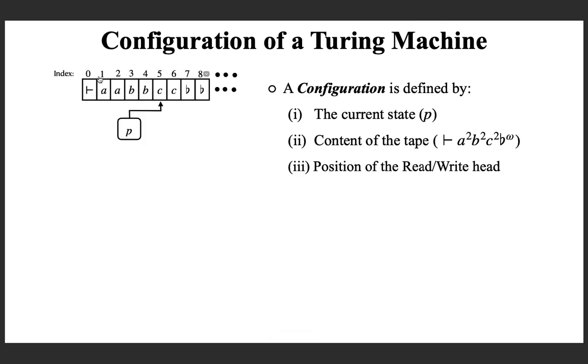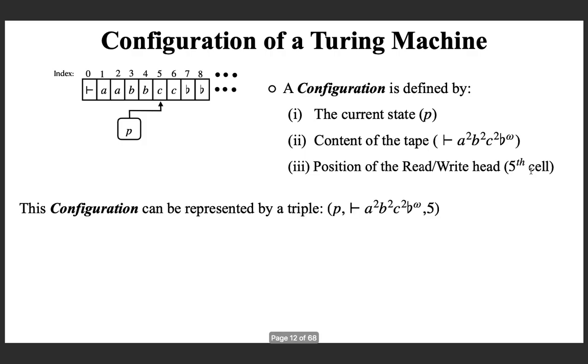So you can index it like this: 0, 1, 2, 3, and so on. Since there are infinitely many cells, it goes on like this, the set of all natural numbers including 0. Given this, the read write head is positioned at index 5, the fifth cell. So this is a configuration, which is a simple concept.